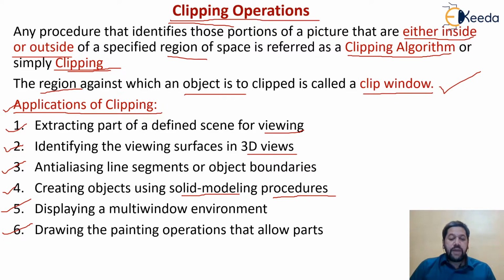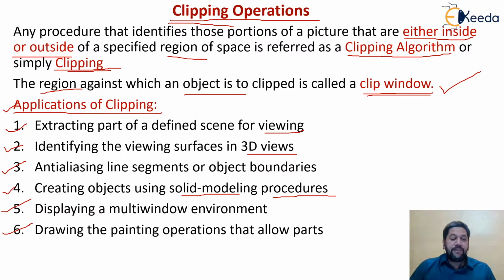What is meant by cropping the image? You are selecting the clip window, generally rectangular, and you select only the part inside that window. That part is retained and the outside part is removed from the image. That is what we call clipping, and it is used everywhere.